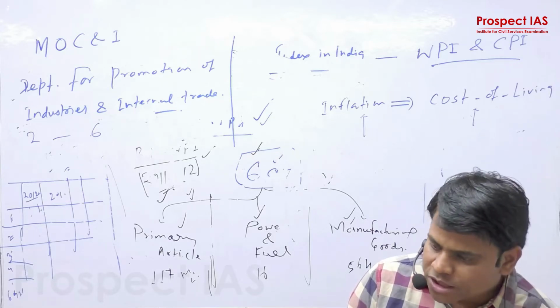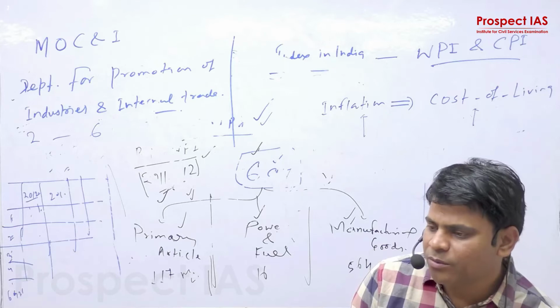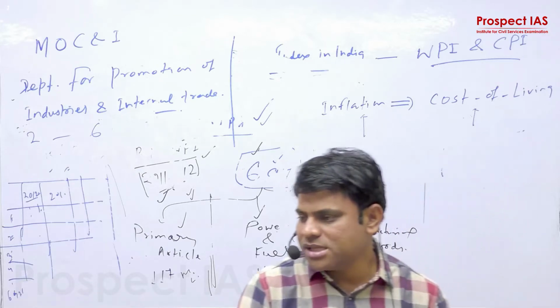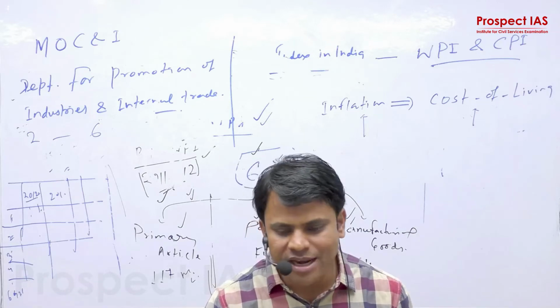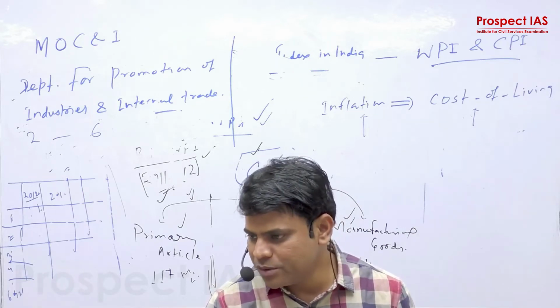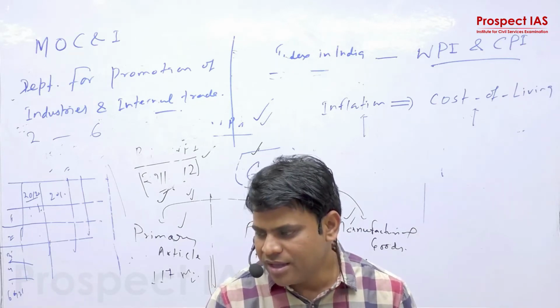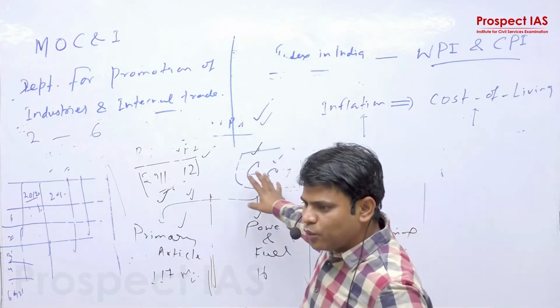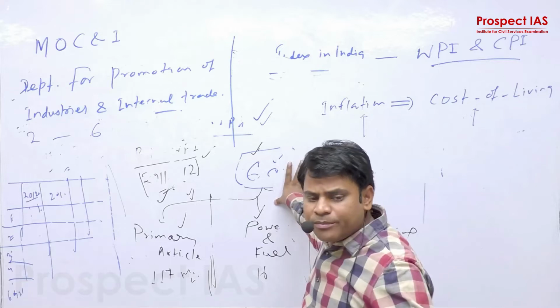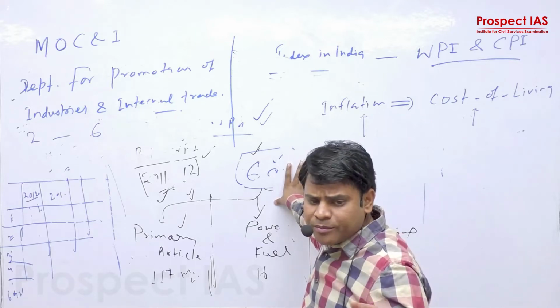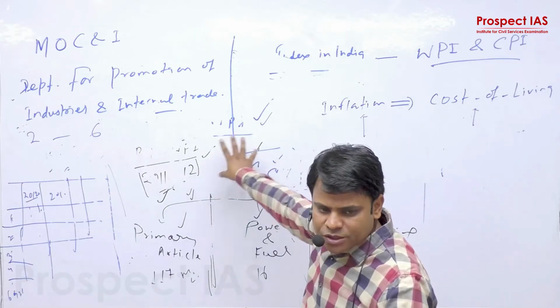As a result of these two drawbacks laden with WPI, the Urjit Patel committee advised the government that instead of using WPI as our official anchor of inflation, we must be using CPI. In CPI we have both goods as well as services, right? So inflation based on CPI is going to be more exact as compared to inflation based on WPI.